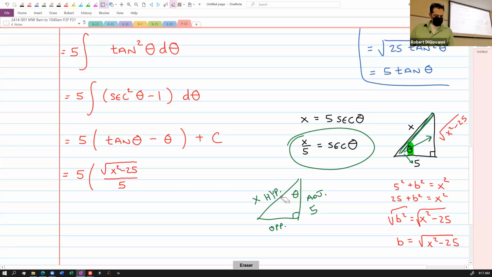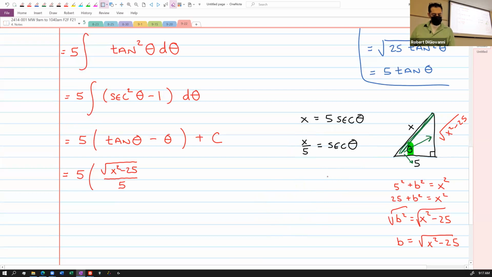What we're going to do is go back up to where we have our relationship here, the second one right here, the one which we drew the triangle on, and solve it for theta.